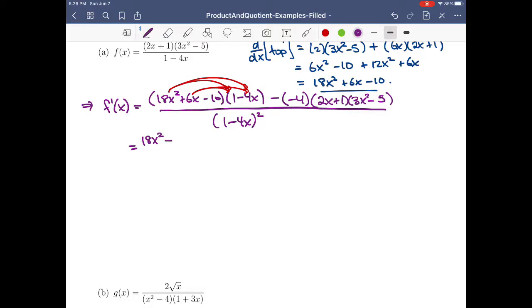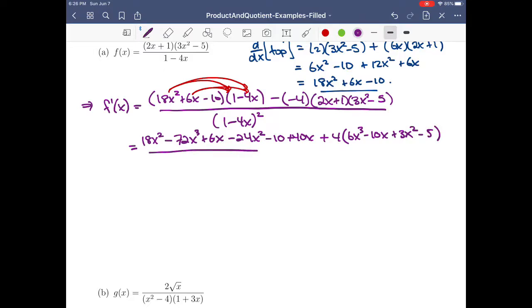So it's going to be 72x cubed plus 6x minus 24x squared minus 10 plus 40x. And then I'm going to have plus 4, and I have to expand these brackets out. So that's 6x cubed minus 10x plus 3x squared minus 5, all over 1 minus 4x all squared.